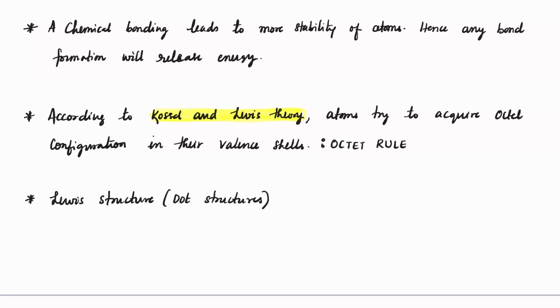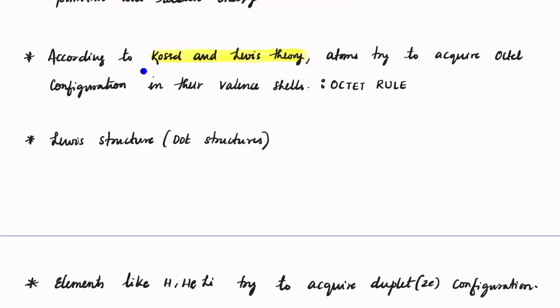Which means by means of this attraction, when they form a chemical bond, both atoms are somehow trying to come to a compromise where both of them can have 8 electrons each on the outermost shell. So that is what Kossel and Lewis theory suggests. This achievement of an 8 electron system is what we call the octet rule.